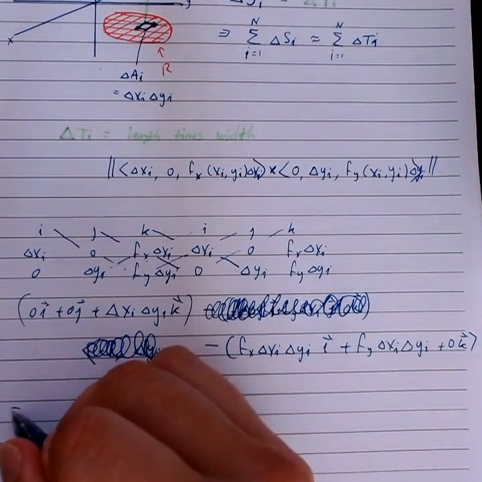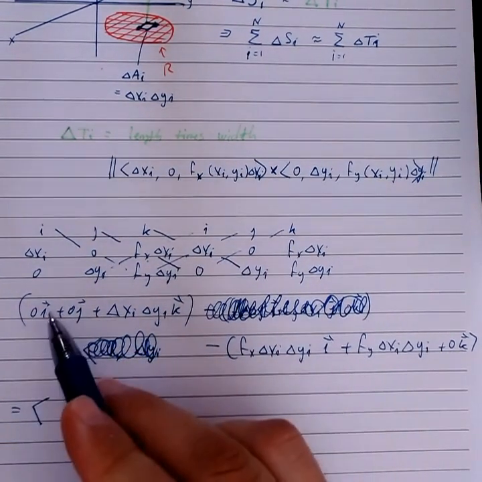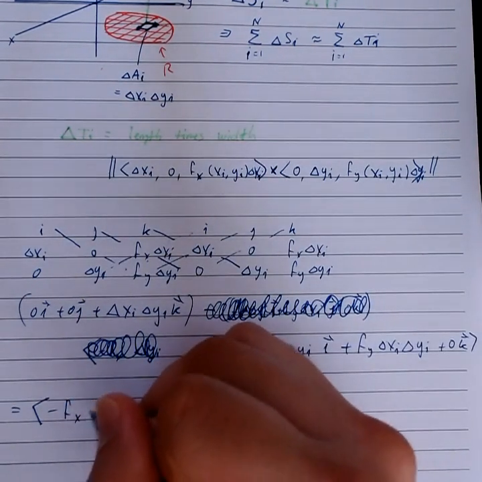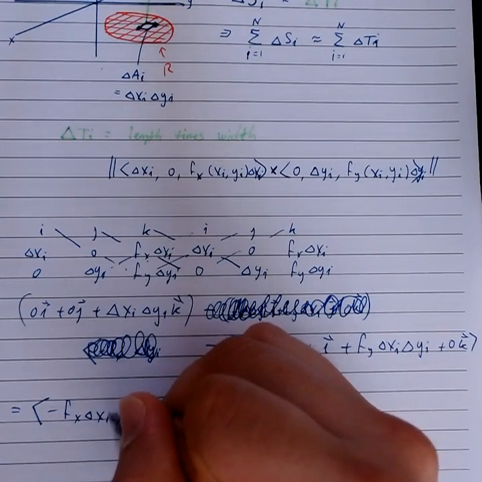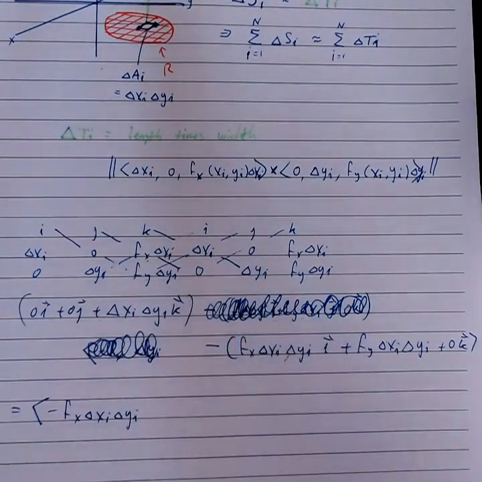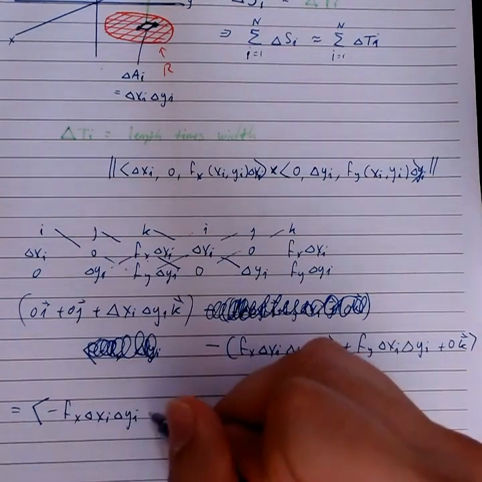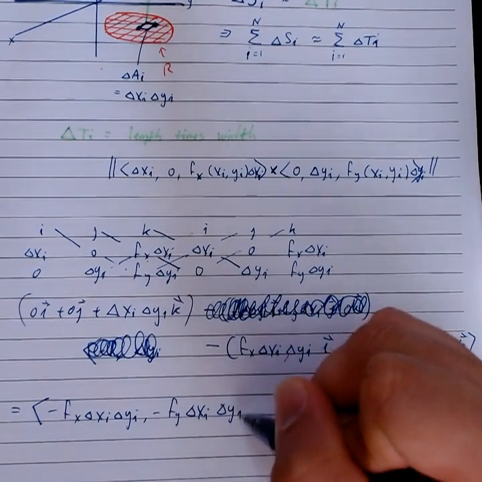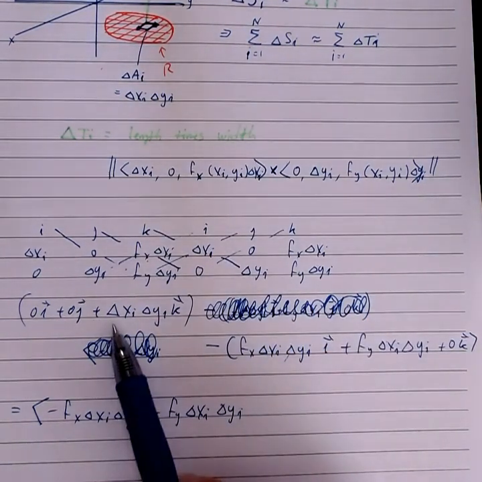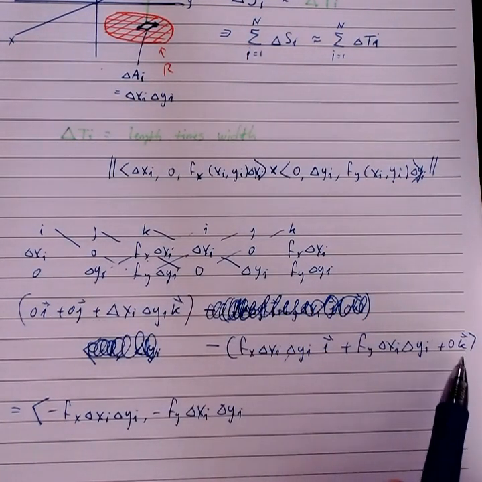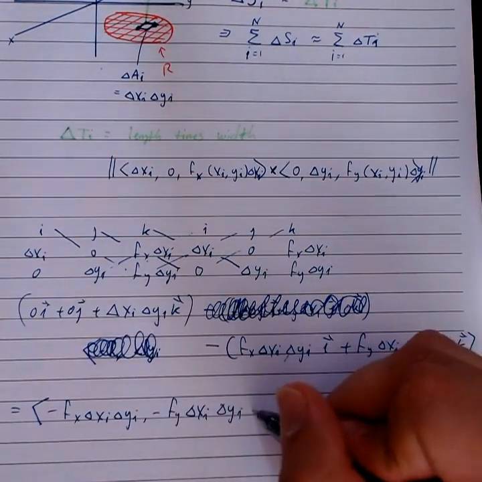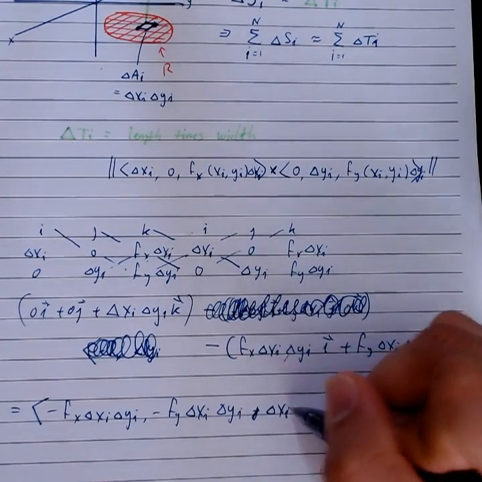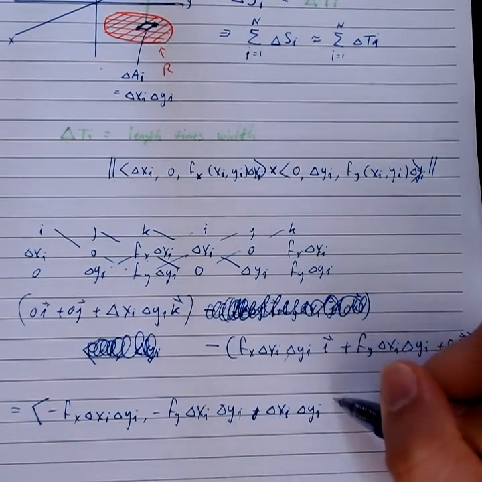So here that will be, and I'll write this in this form, 0 minus that, well, that's negative that. So that's negative f sub x delta xi delta yi. This one, 0 minus that, is negative f sub y delta xi delta yi. And over here, that's this minus 0. Well, that just stays like that. So that'll be delta xi delta yi as my third component.